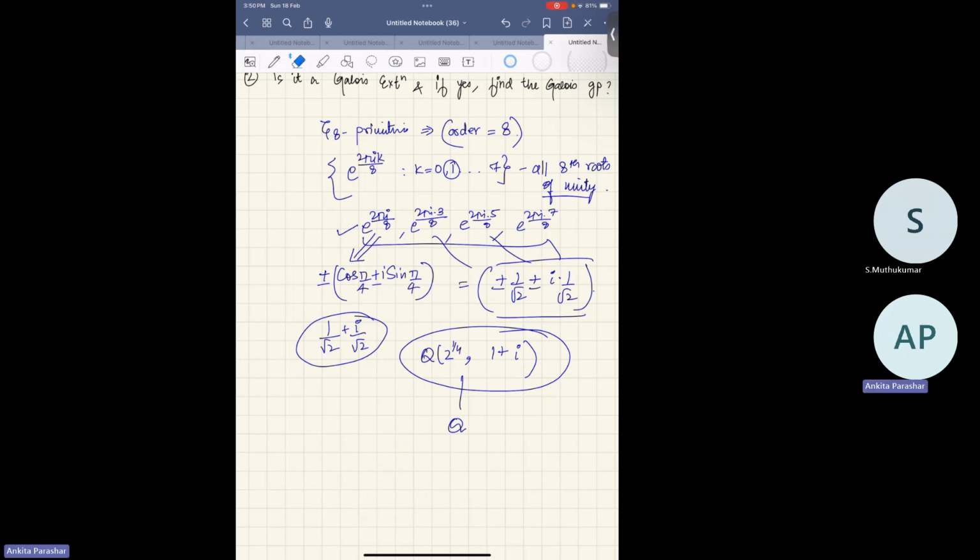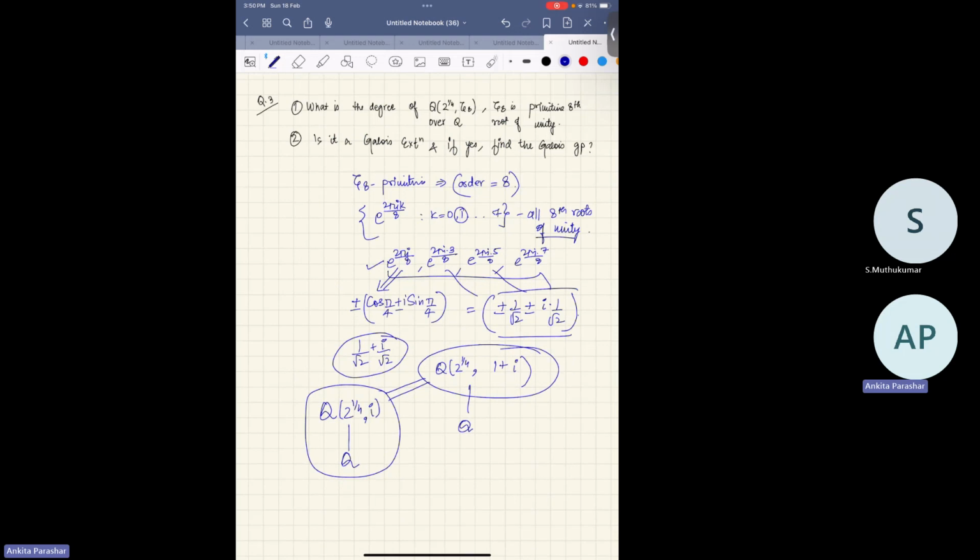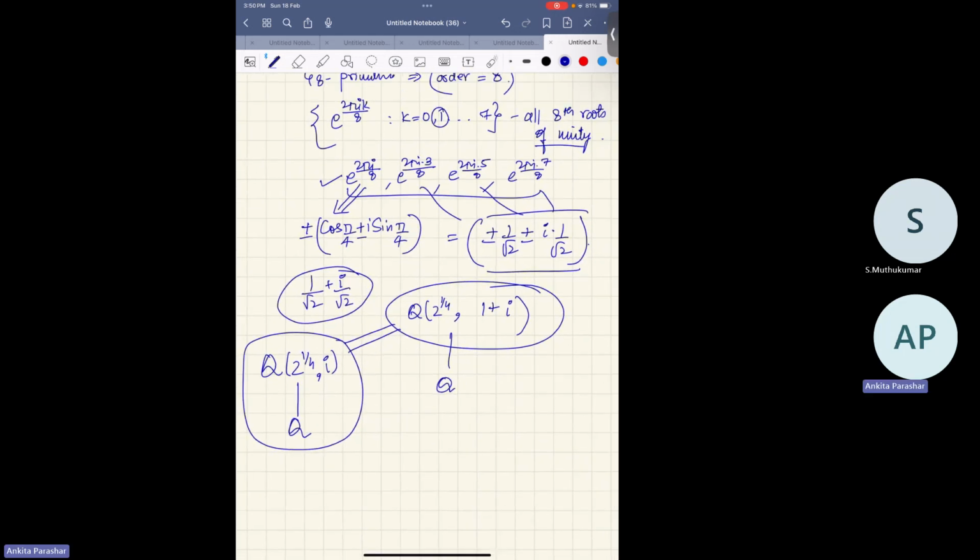Now, what can you say? 1 is also there in Q(2^(1/4)), right? Yes. So it is Q(2^(1/4), i), exactly. And this we have checked, right? So all the things are known for this. This is Galois, and what is the extension degree? Degree 8.